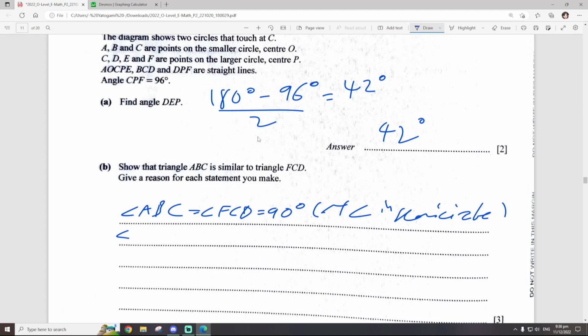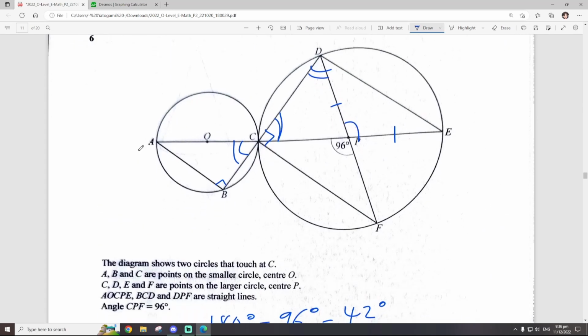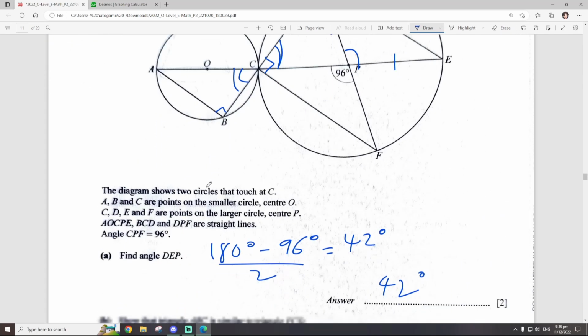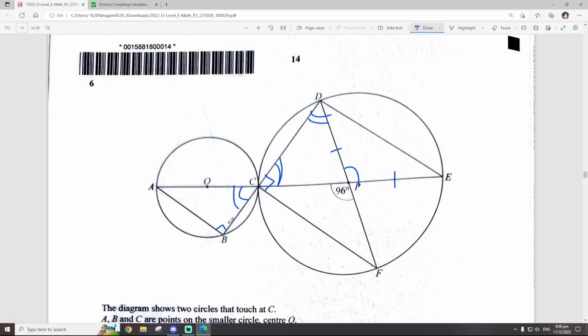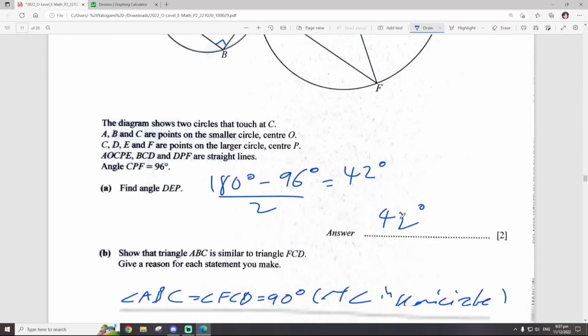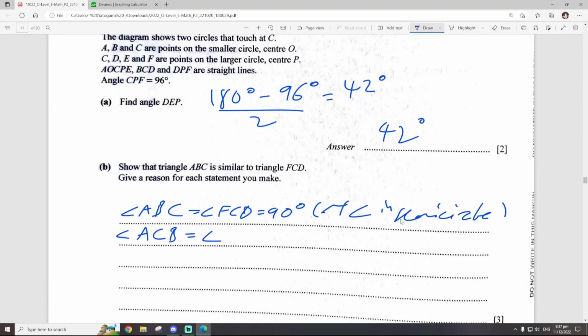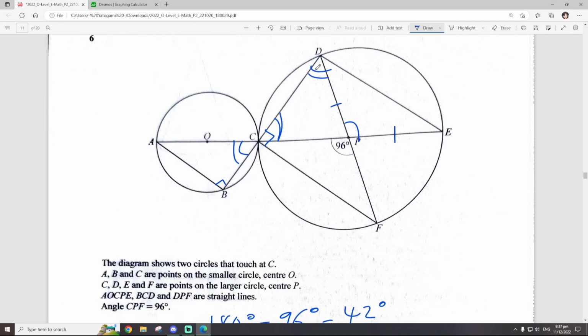Okay. So now we have angle ACB equals angle DCE, or DCP also can, because of vertically opposite angles. But this is also equal to the angle that I highlighted here, because you see PC and PD are radii of the circle.